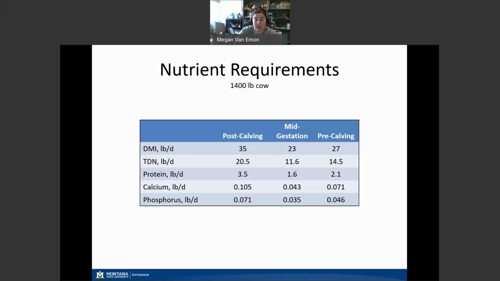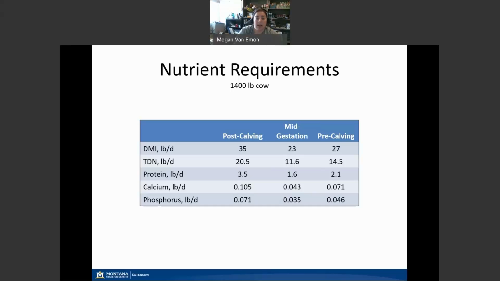Even compared to our pre-calving, this is our most highly demanding time frame for our cows each year, just due to not only the calving process and uterine involution as she prepares to breed again, but also due to that lactational demand that she now has to provide that milk for the calf.